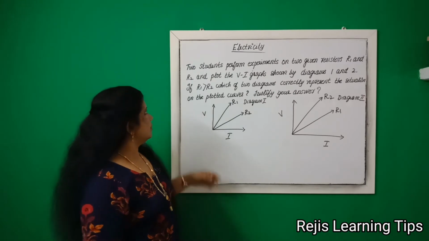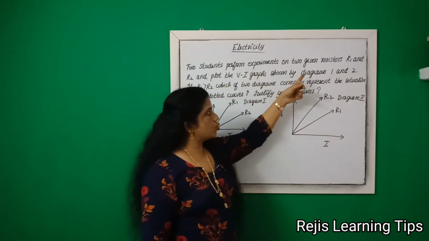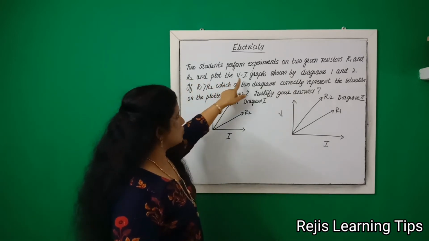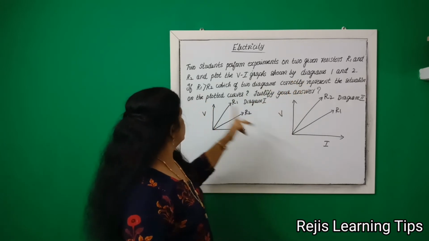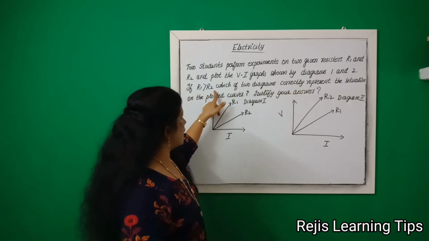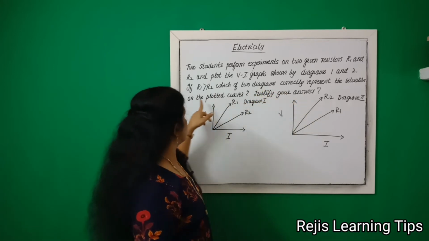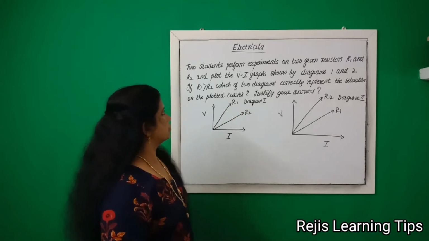Then the second question. Two students perform experiments on two given resistors R1 and R2 and plot the VI graphs shown by diagrams 1 and 2. If R1 is greater than R2, which of the two diagrams correctly represents the situation on the plotted curve? Justify your answer.